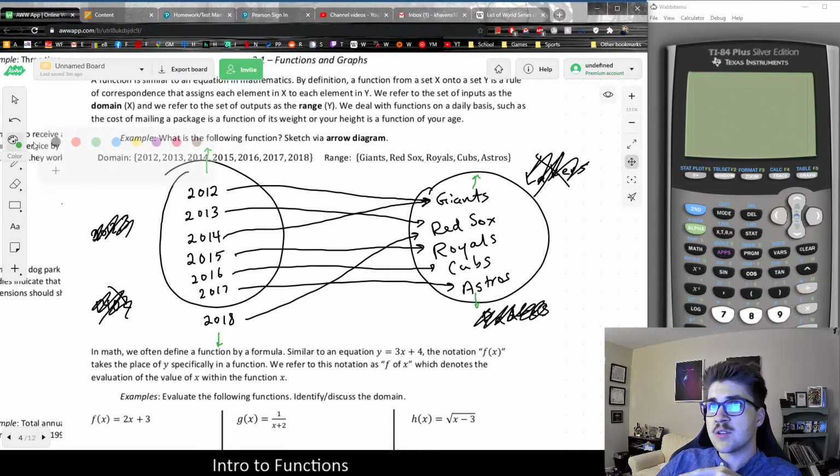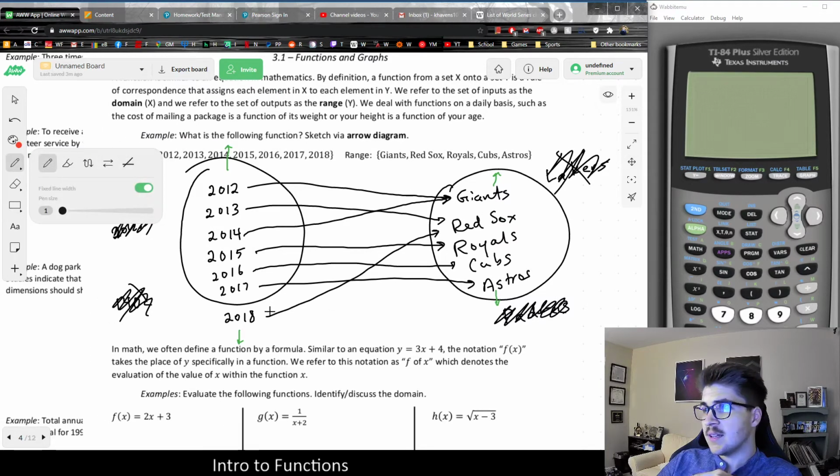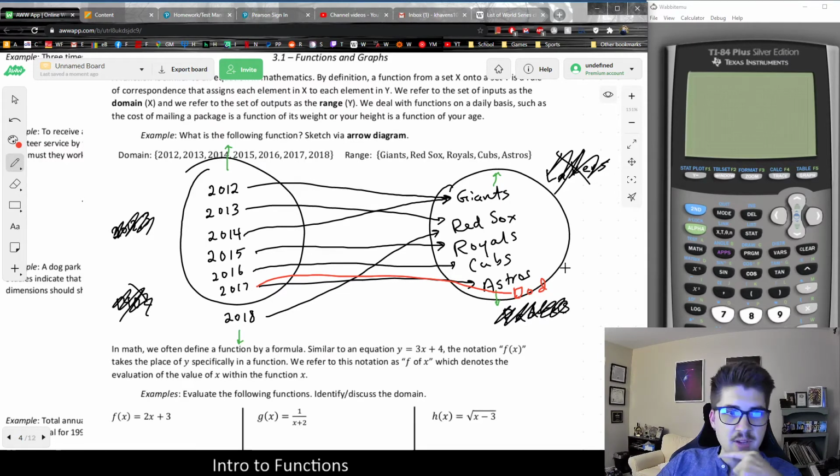Let's say that in 2017, both the Astros and the Dodgers won. I'm bad at writing with my mouse, so I'm not going to write any further. Well, that would no longer be a mathematical function.